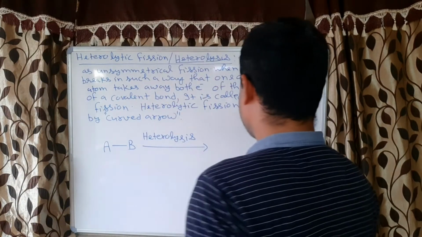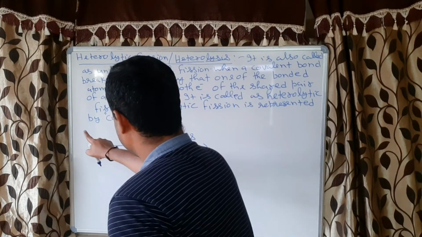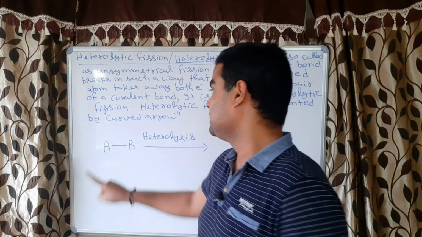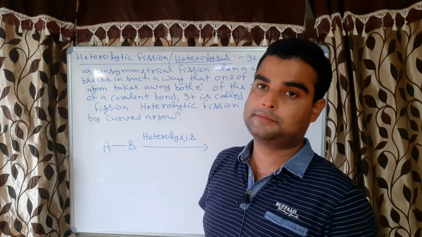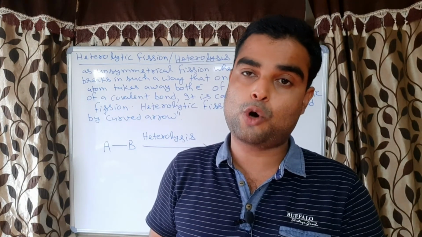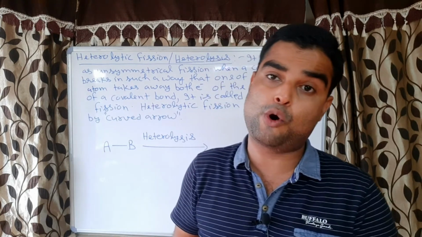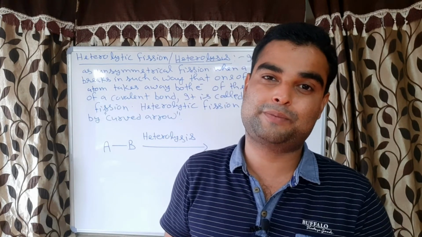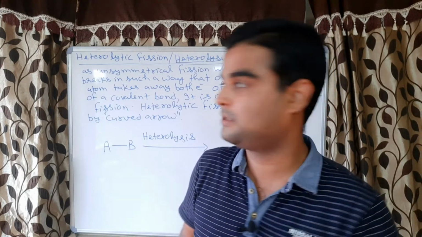Then what will happen? One of the atoms, either this one or this one. Now how will we decide? The covalently bonded atom which is more electronegative will take away both electrons of the shared pair of the covalent bond.